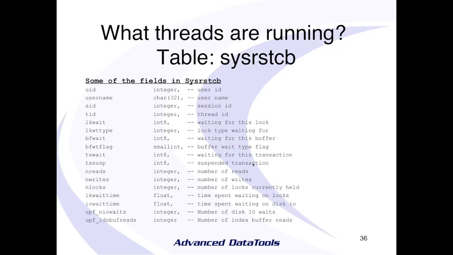But here's some that I find the most interesting: what threads are running, what threads are waiting for locks, and if threads are waiting on buffers, and some idea of time spent waiting on locks and waiting on buffers.